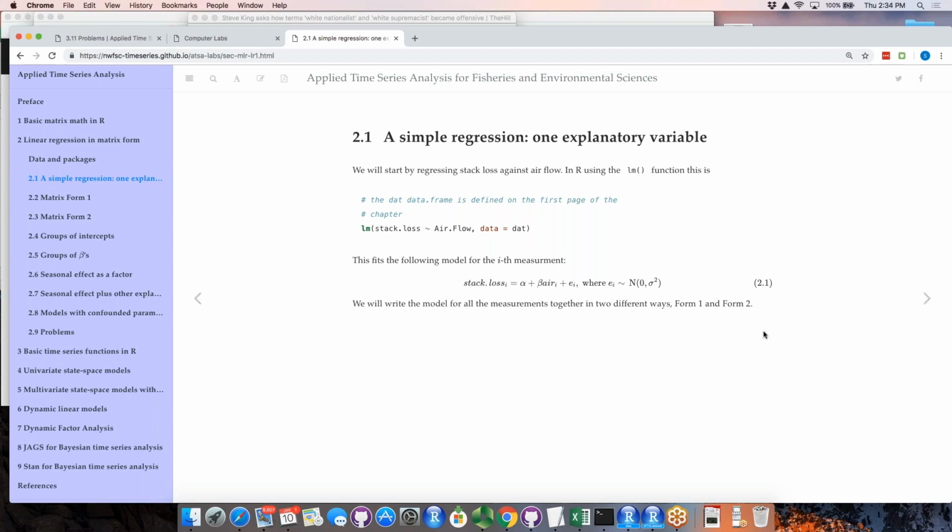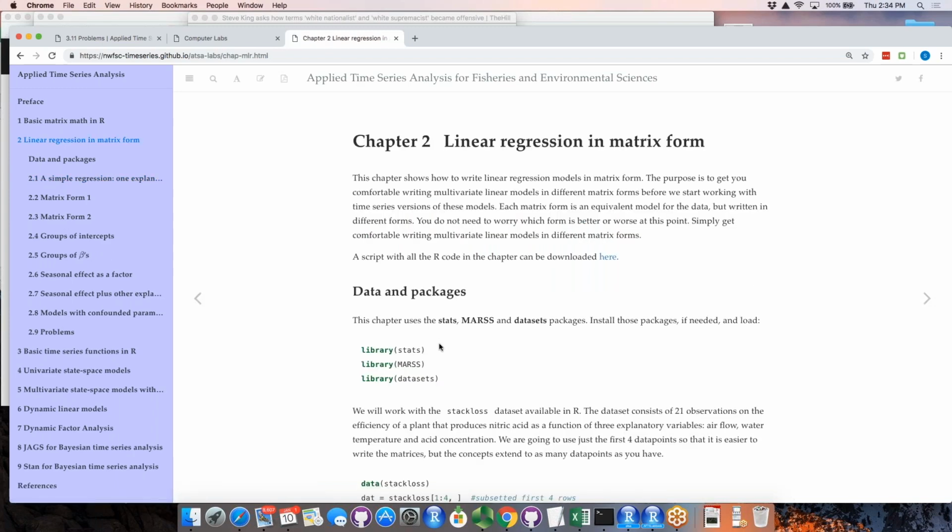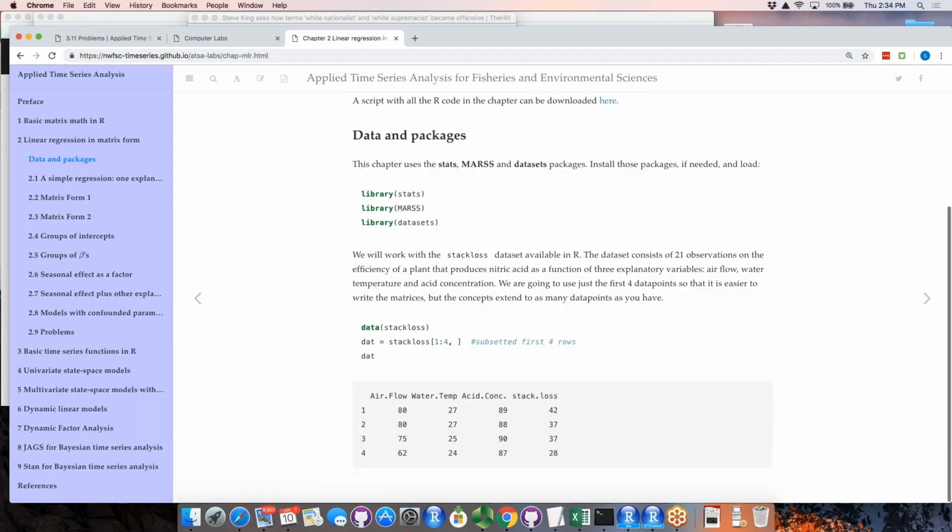And if we look at DAT, I think I have that on the previous page here. Yeah, you can see what this looks like. This is just the first 4 rows of this. If you run this code and then this code in R, which you should do, and then you run DAT, you will see this.